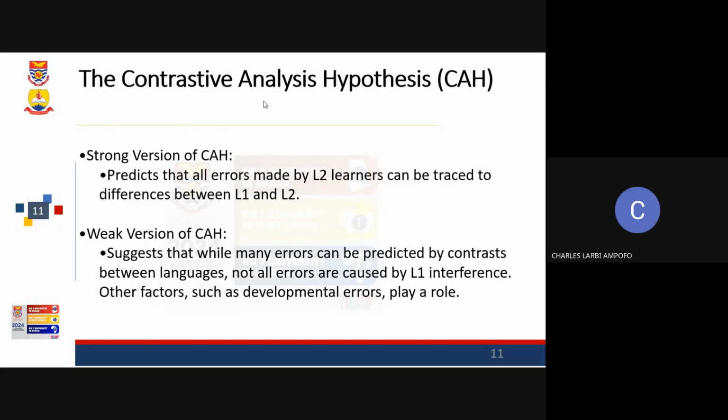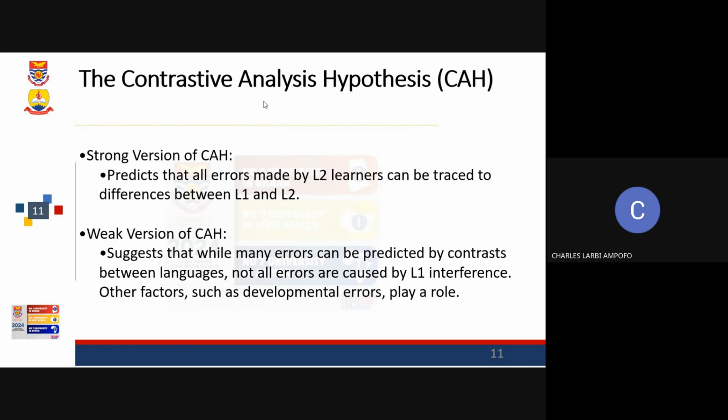All right, sure. So the strong version of contrastive analysis says that all errors made by L2 learners can be traced to the difference between L1 and L2. So they predict that all errors made by L2 learners can be traced to differences between L1 and L2. For example, I'll go back to my English and GA.